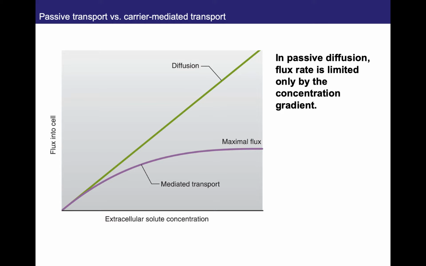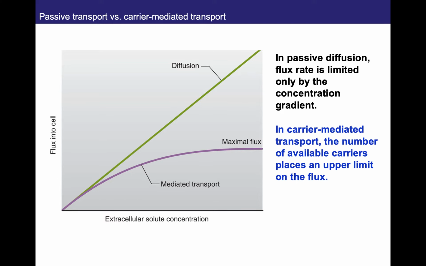You're also limited by that turnover rate. Okay, so those are the two things that cause that plateau, that saturation. So saturation does occur. In carrier-mediated transporters, especially, the number of available carriers places an upper limit on the flux. I would also add to this figure the turnover rate of each carrier. Okay, perfect.